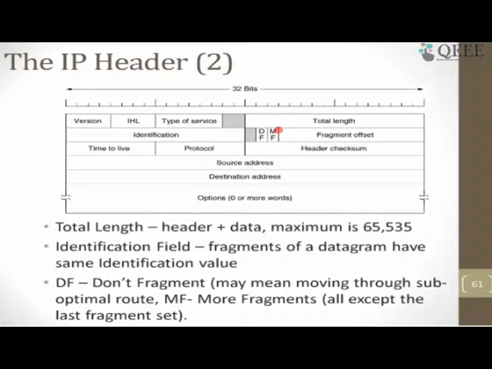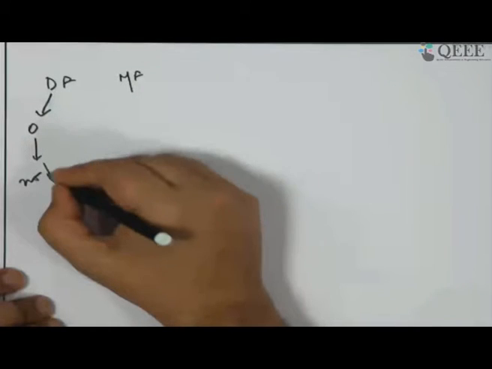Just to be clear, DF 0 means fragmentation is allowed.